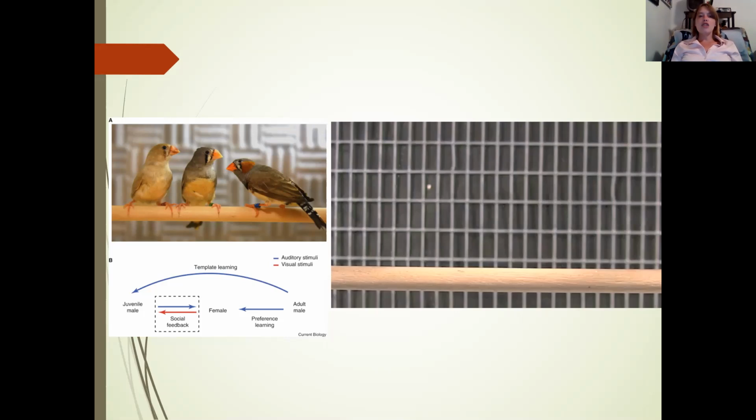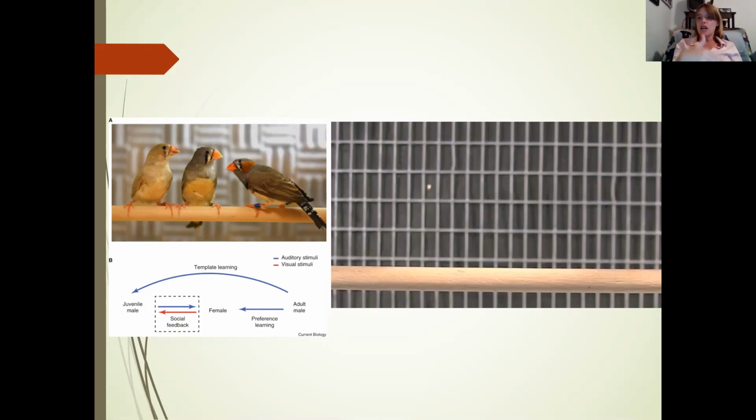So zebra finches have long been used as the model of song learning because it was discovered quite a while back that males learn their songs from their fathers, right? So a male growing up with his family group will learn from the dominant males of the group how to sing songs that then attract mates later in life.